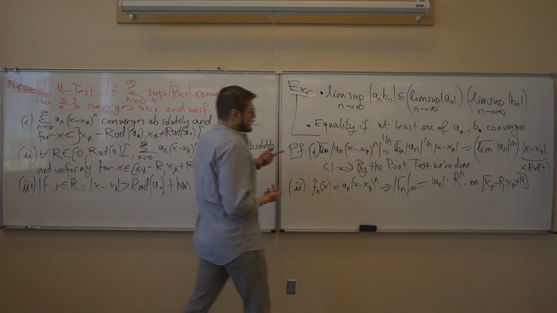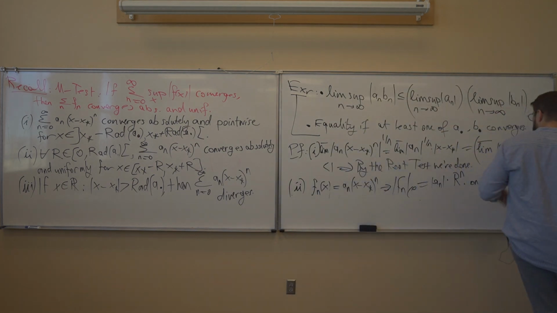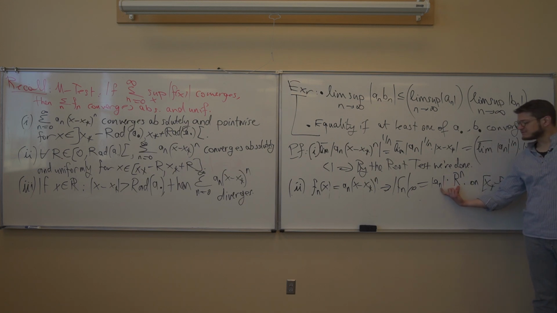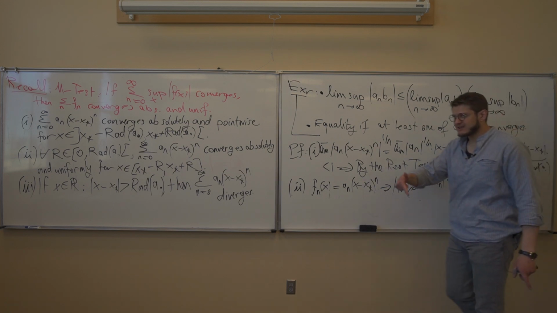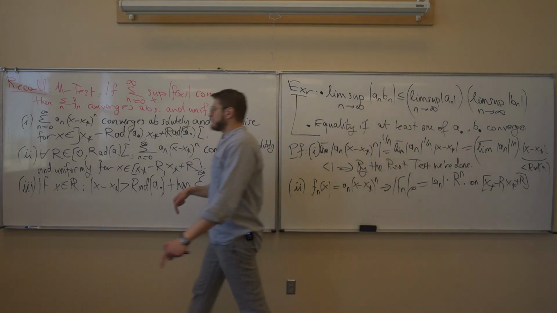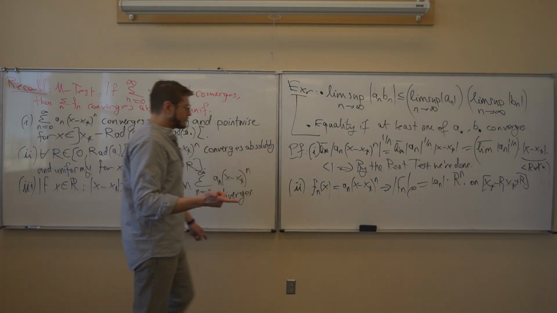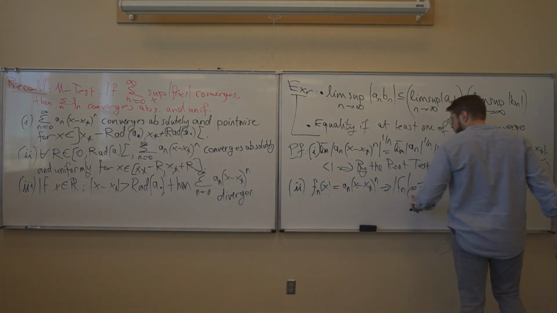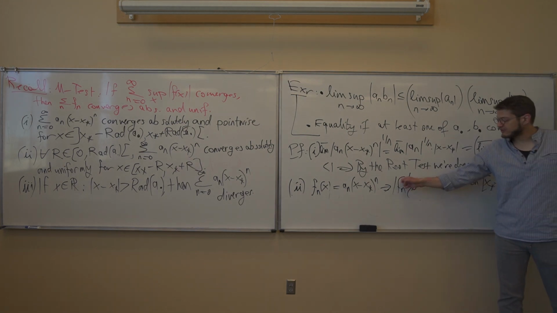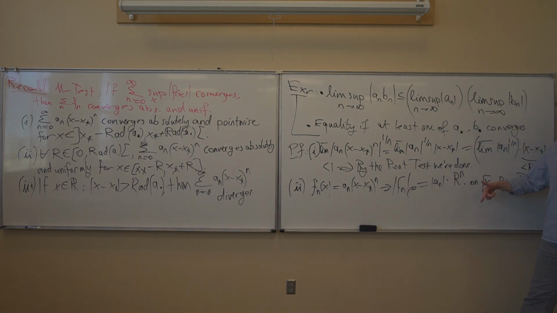But then again, by the same reasoning, the limsup of this is the limsup of this times r, but r is strictly less than the radius of convergence, which means that the limsup of this is strictly less than 1. Again, then, by the root test, I can deduce that the series consisting of the C0 norms converges.